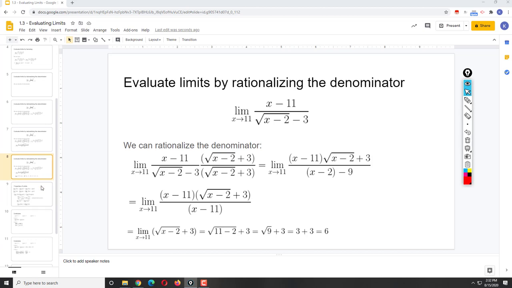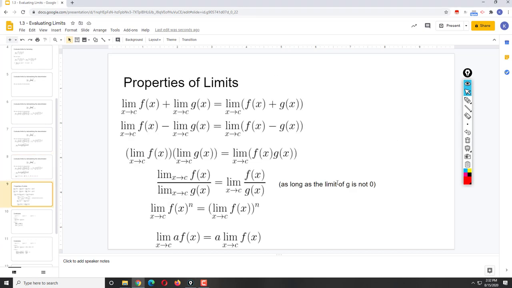Next, sometimes we can apply properties of limits to evaluate them. The sum, when we add the limits of two functions, we can add the functions first and then evaluate the limit.